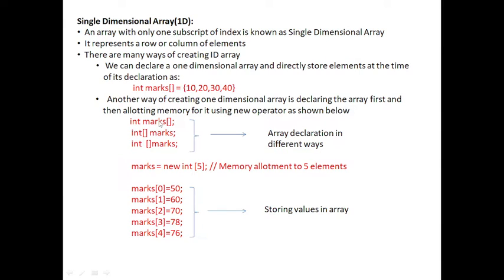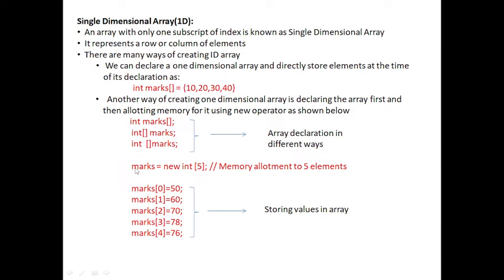Here first we did the declaration, then memory allotment, that is nothing but instantiation, and then storing values. So these things are done separately here, whereas with this single statement we have done all three. Okay, this is one way of creating the 1D array.